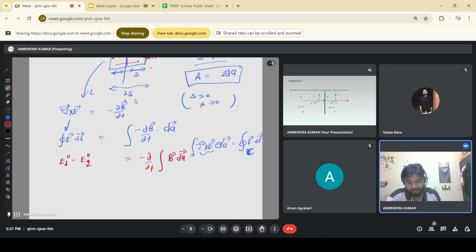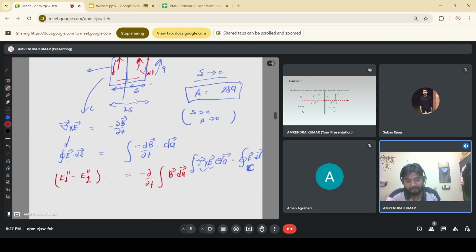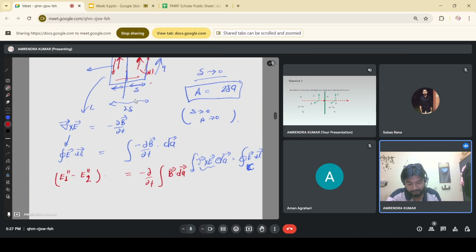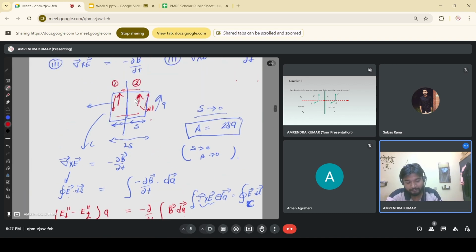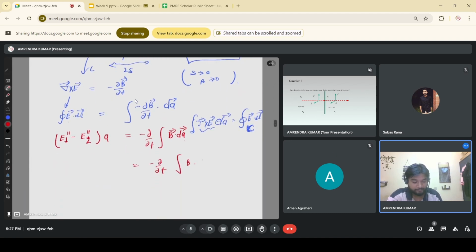There is some finite length L, that was A. The small area element is a strip, A into delta, very small, but this delta is going to zero.